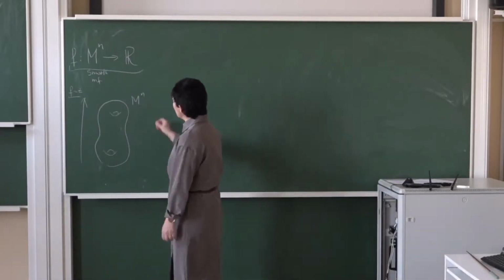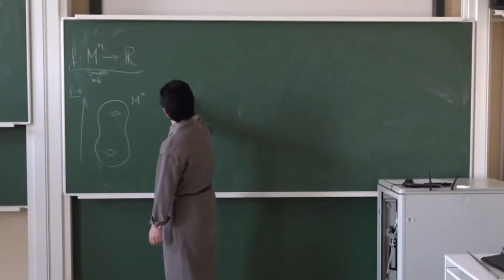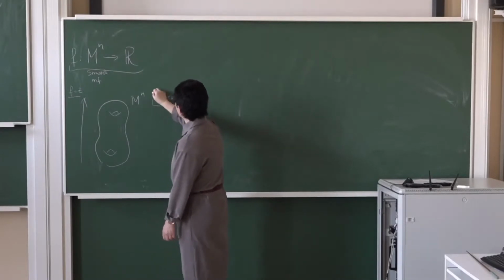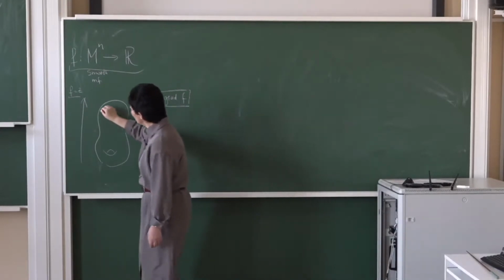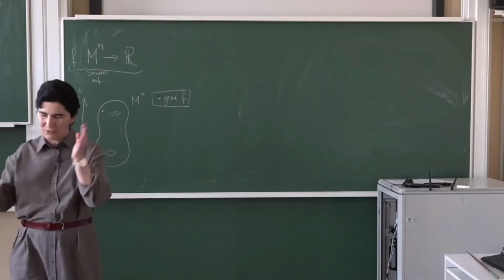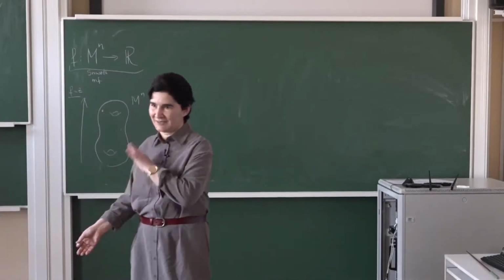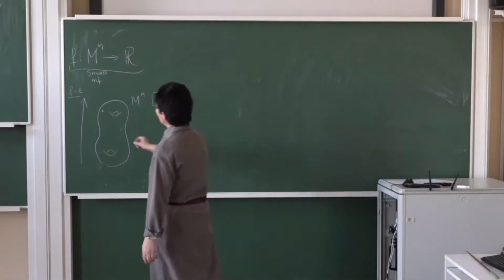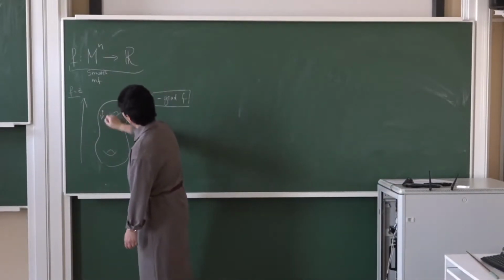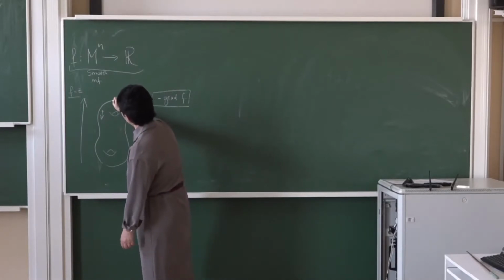Then it makes sense to look at the gradient of f, usually taken with the minus sign. At each point of the manifold M, and of course we assume there is a Riemannian metric, but let us just keep it, we have an anti-gradient vector, which is tangent to the manifold.